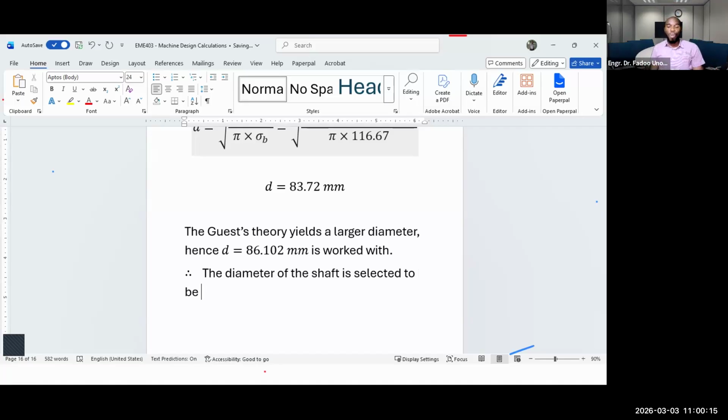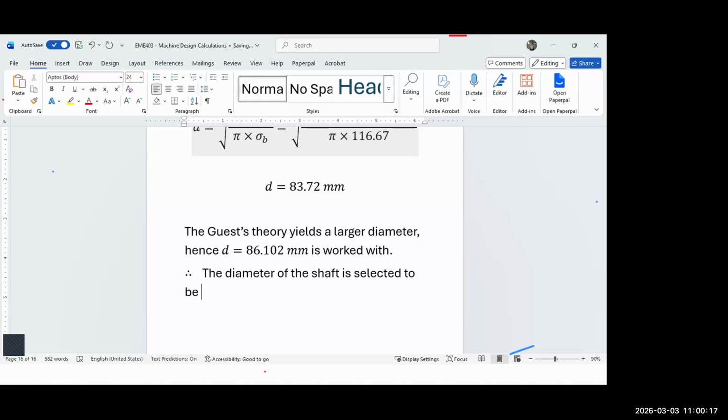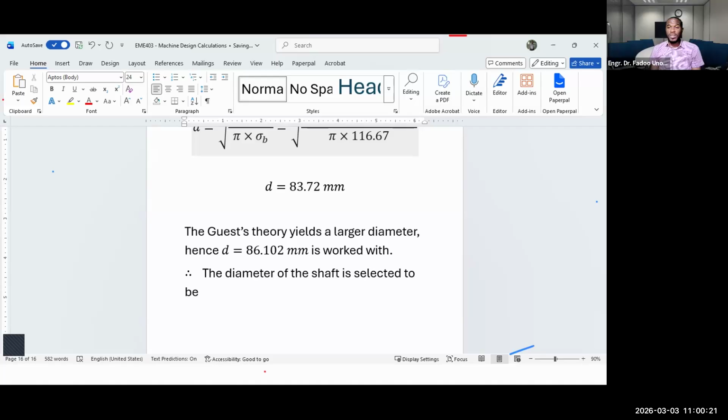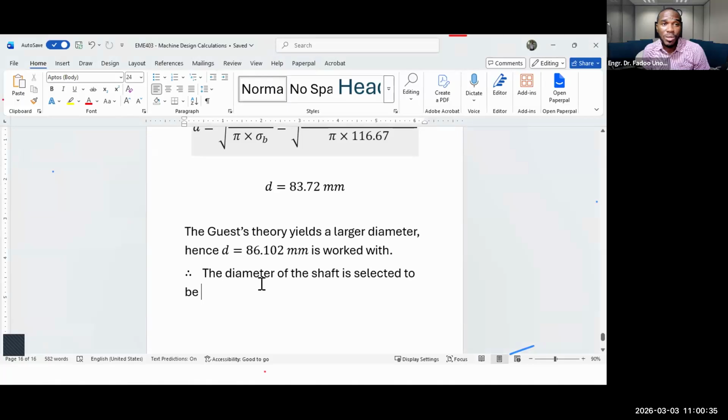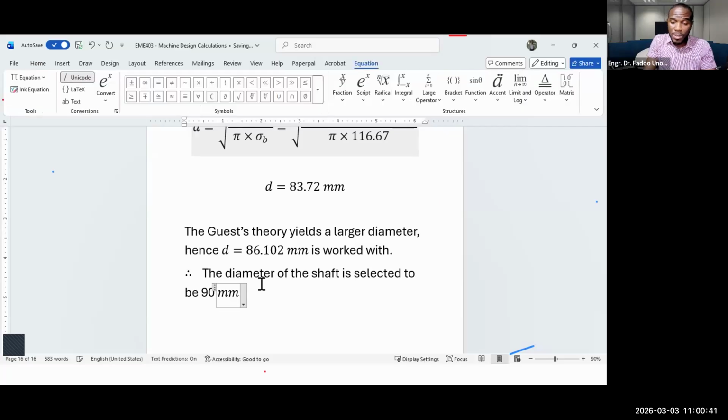What will be the value? 86.102 millimeters. What's the standard? We're looking at standard shaft sizes. What's the standard shaft size above 86.102? 90, right? Yes, 90, sir. So we'll select this to be 90 millimeters.